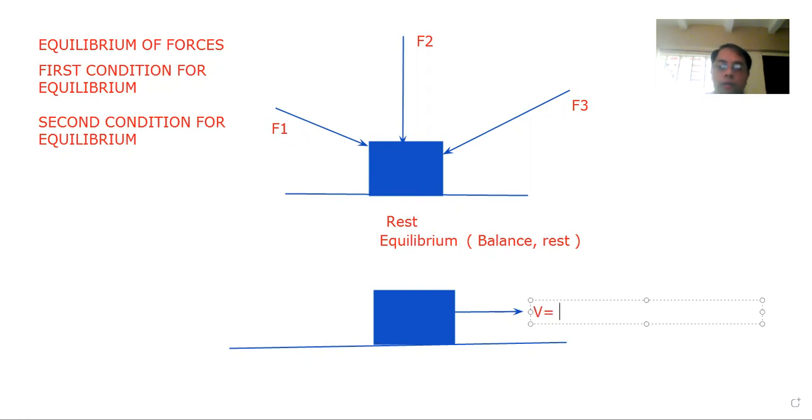What was observed is that it is moving with constant velocity. The direction is the same, left to right. It's not changing its direction. Its speed is always constant, so we can consider that this body is moving with constant velocity.